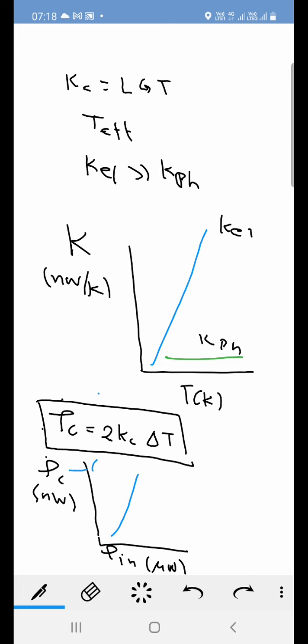So this is 60, and the slope is 0.018. So rho c is 0.0018 times the initial energy rho n. So with the incident heat, the heat dissipation also goes up.